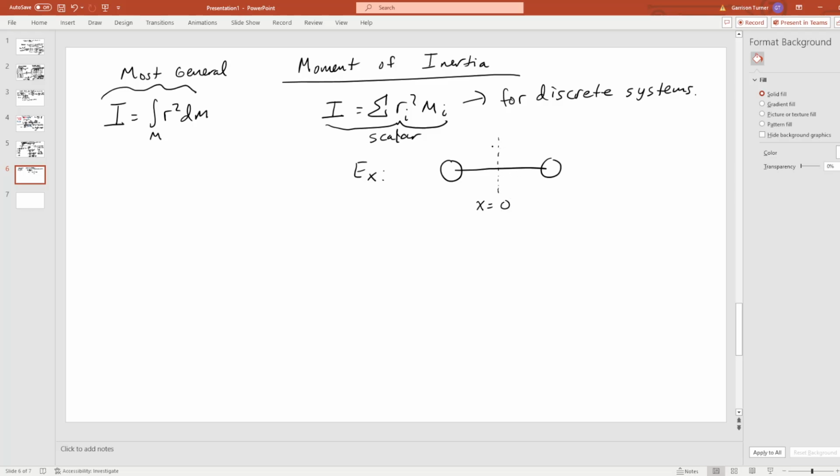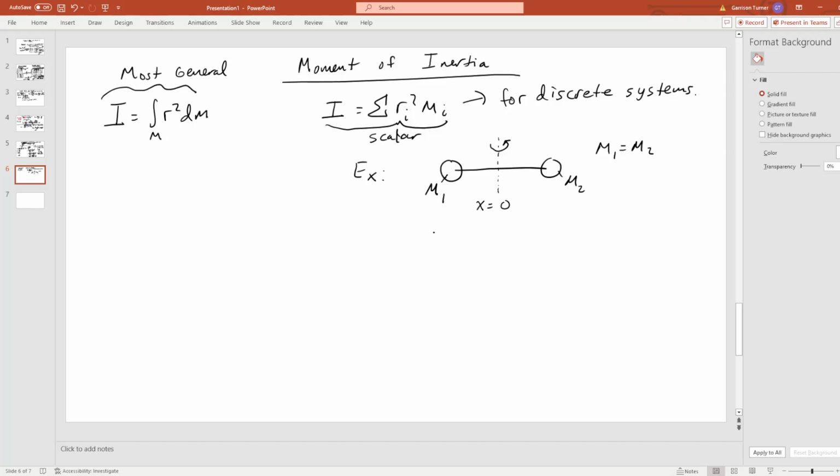So I want to rotate my system, maybe like this. Think of twirling a baton in your fingers, holding the baton in the middle. Each of these has mass m, and we'll call this mass 1, this mass 2, and again assume the condition that m1 equals m2.